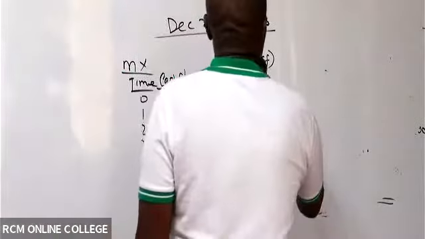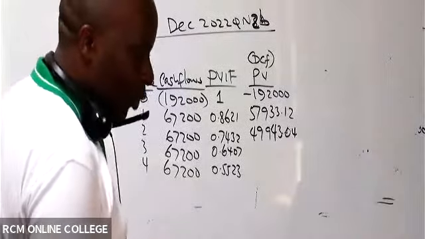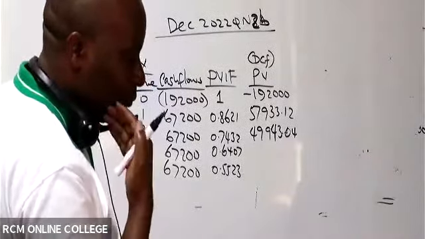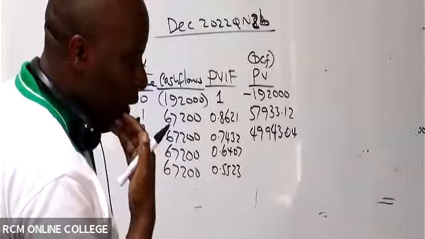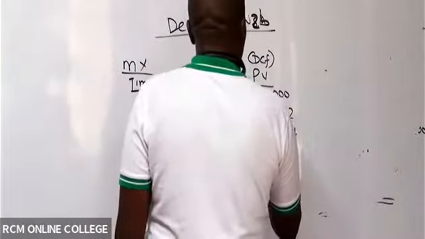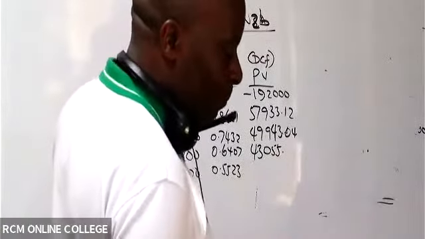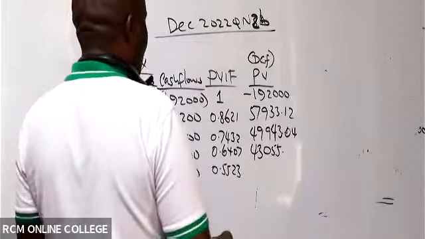Thank you so much. And then we have 67,200 times the next one, which gives 43,055.04.